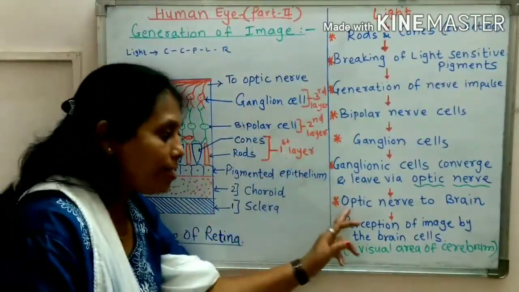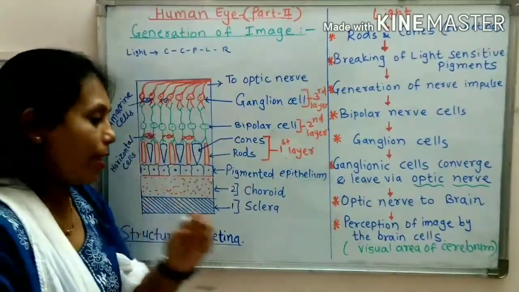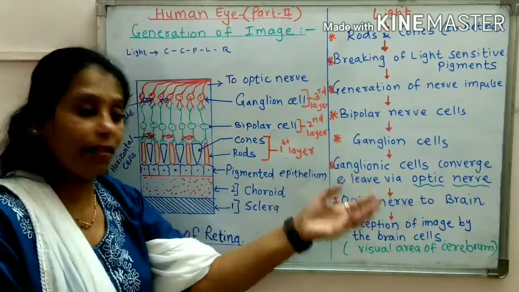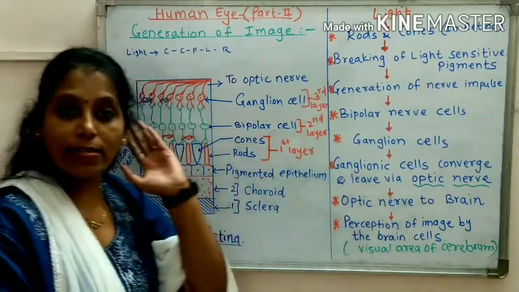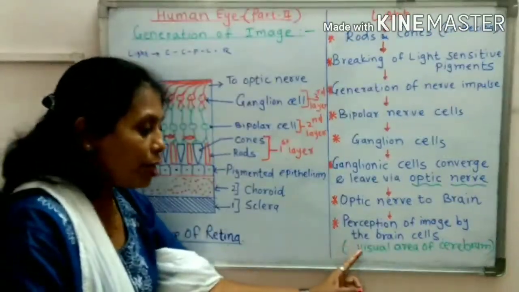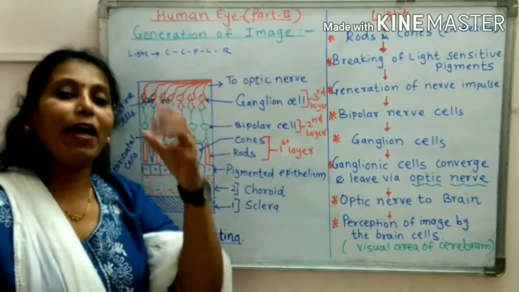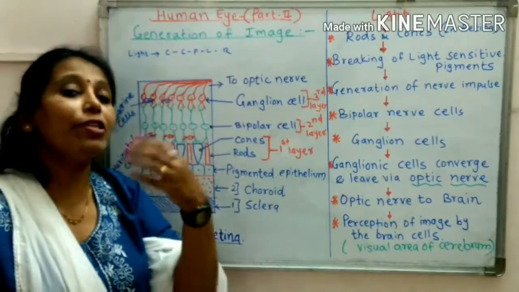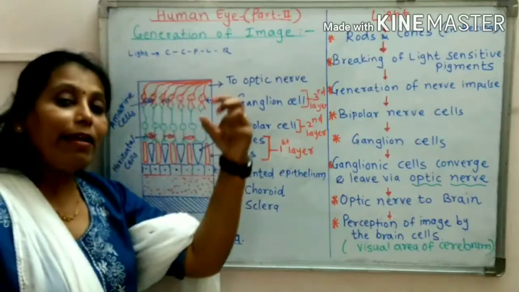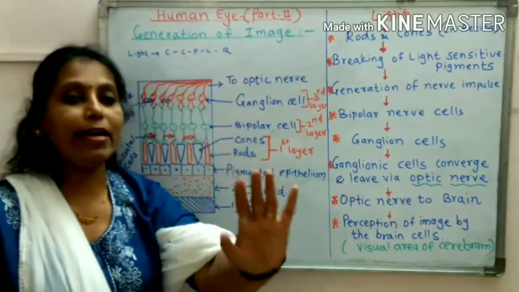This optic nerve goes to the brain. Perception of the image is done by the brain cells. Now, where exactly is that perception of the image done? In the visual area of the cerebrum. We have different centers, and for vision also we have a center. The impulse reaches exactly there and we come to know the image.